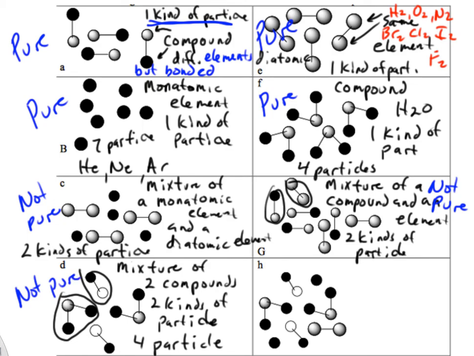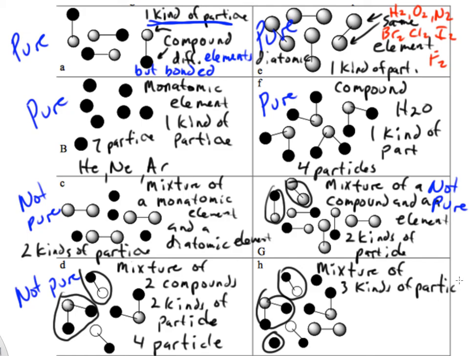Okay, the last one. This is a mixture of, let's see, we've got 1, we've got 2, we've got 3. 3 kinds of particle. It's also a mixture of two compounds.